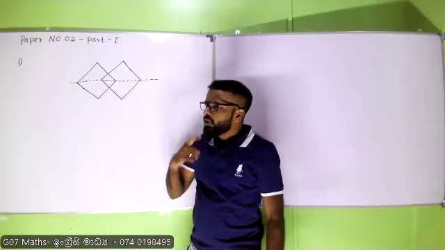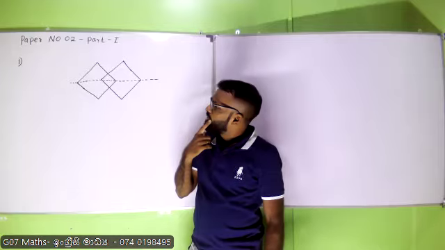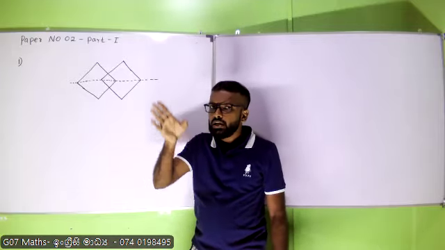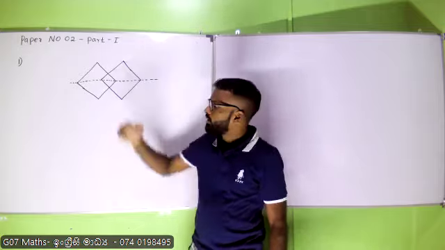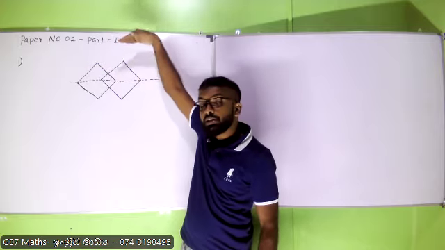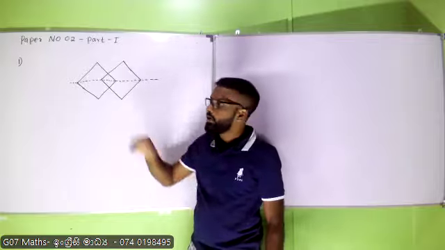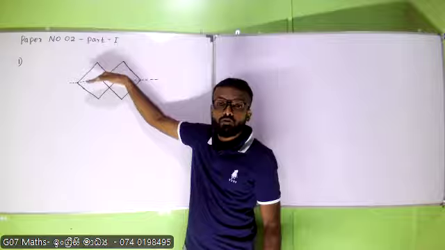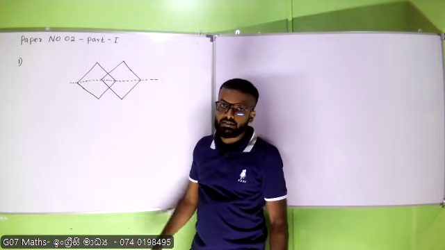Now, you need to divide your figure into two equal parts. Here we have two equal parts, the top and the bottom, on the two sides of this symmetrical axis.